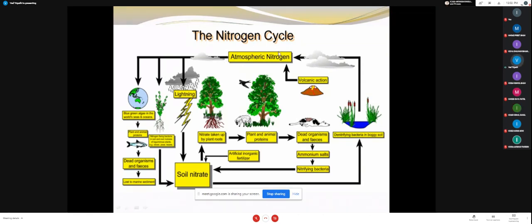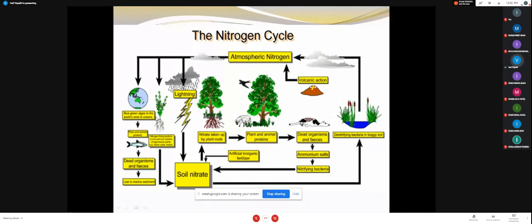Okay, so we have atmospheric nitrogen that is deposited over the surface of Earth and also fixed by some plants. So it is absorbed by the root nodules of the plants, and it is fixed in the soils as these root nodules.